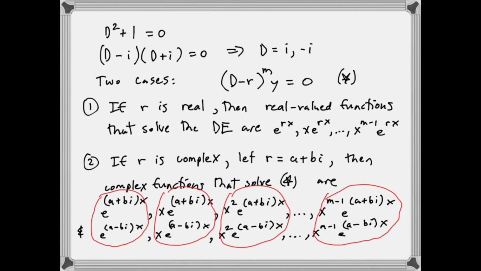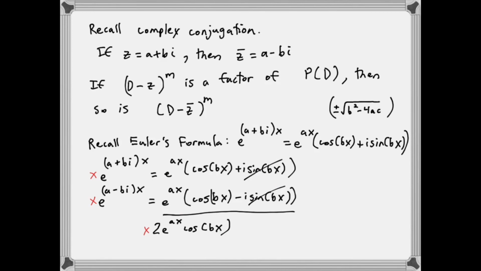And so the trick is to subtract. Okay? So here, what I could have done instead is subtracted these two equations. So what happens if I subtract top minus bottom? Let's write this down here. I have e to the ax times cosine bx plus i sine bx.